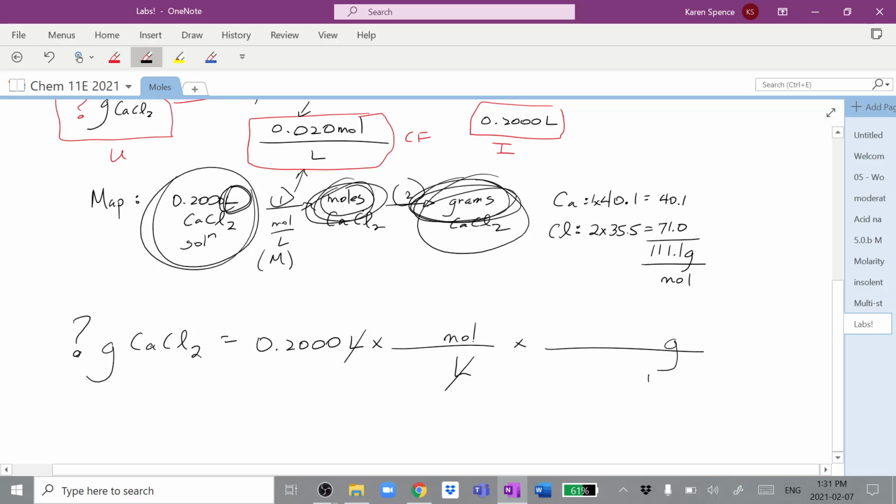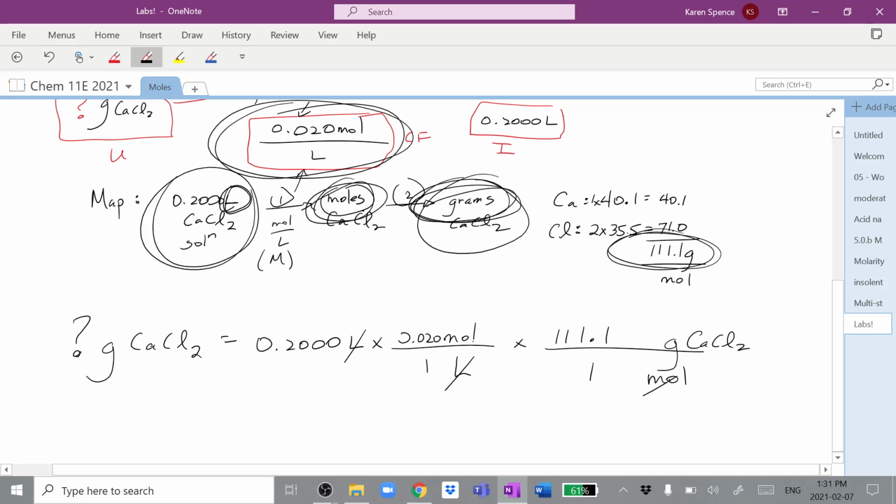And I would need to cancel my moles. And I know that I need my moles per liter. Oh, look, it's right there. 0.020 moles per liter. And I need the grams per mole. Oh, we just calculated that. 111.1 grams per 1 mole. And that's all of calcium chloride.